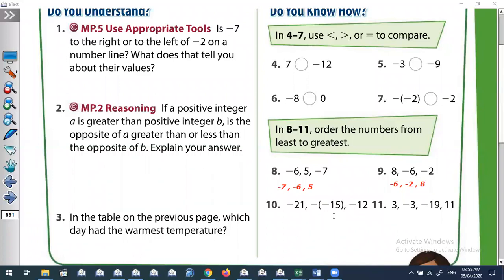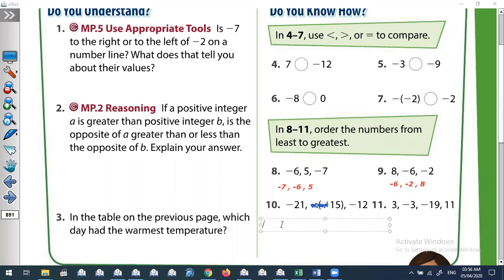The next one. Here we have negative 21, negative, negative 15. As I told you before, cancel the two negatives together. It will be 15. And the last number is negative 12. How can we order from least to greatest? The smallest will be the negative. Here we have two negative numbers, negative 21 and negative 12.